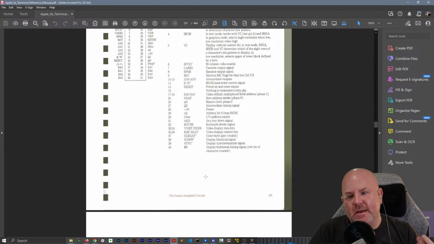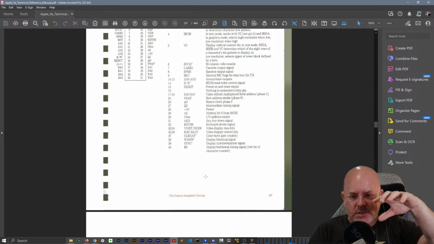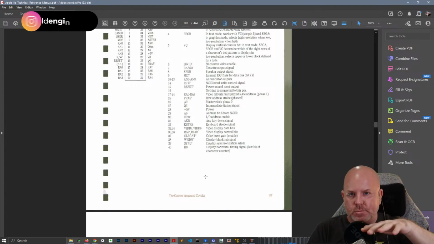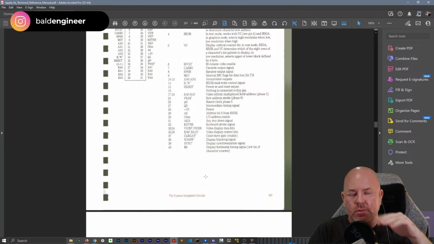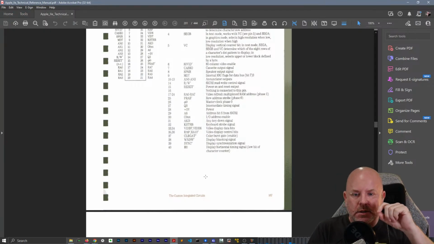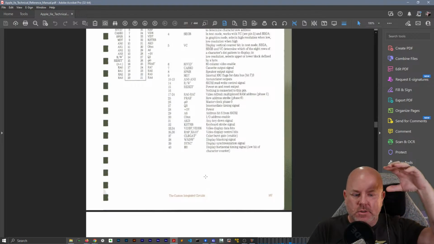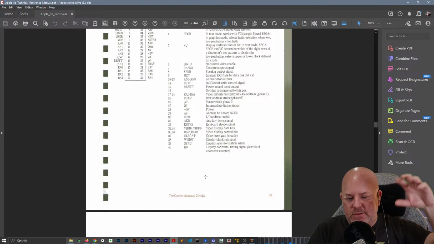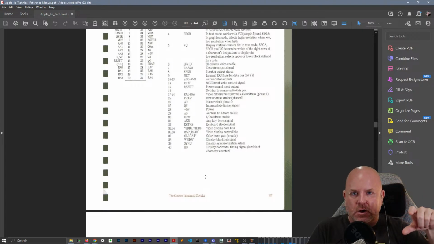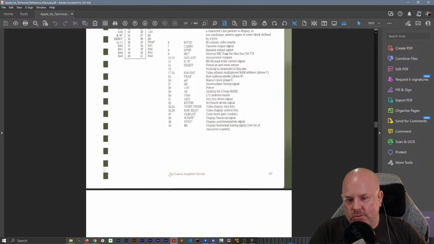One thing you have to remember when you go from the Apple II to the II Plus to the IIe and the IIc is every custom chip. The II and the II Plus have no custom chips other than the ROMs. Everything else in them, and the keyboard controller to some extent, is off-the-shelf logic chips. So when you look at the IIe and the IIc, all of the ASICs are just re-implementations of those logic chips.